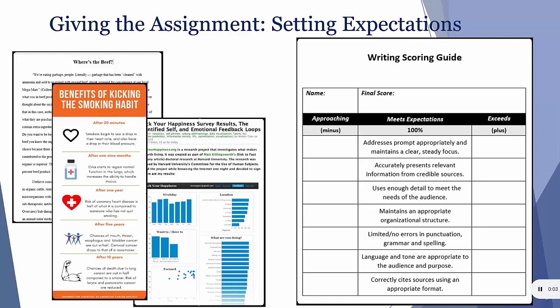So once I've given the assignment, I'd like to share examples of what that assignment looks like. In career and technical education, we have unlimited forms of writing that we can expose our students to, topics that will really grab their interest.